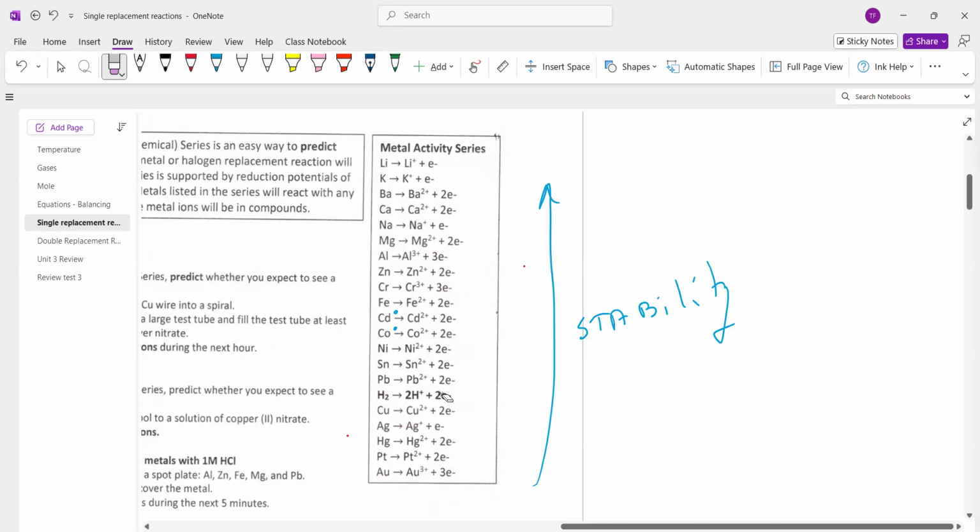So what we're going to do is find silver and iron. Oops, iron. Where's iron? Okay, so we go to our reaction.